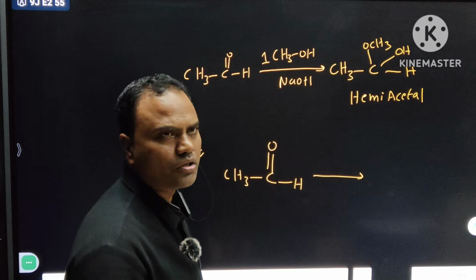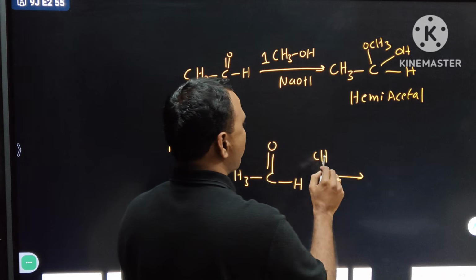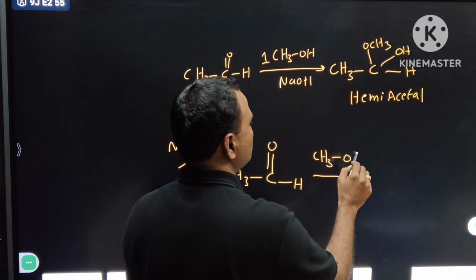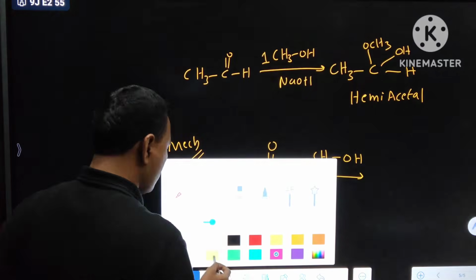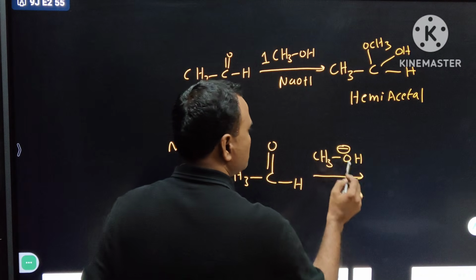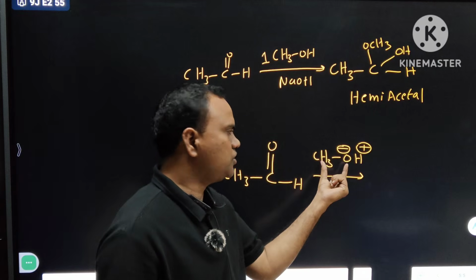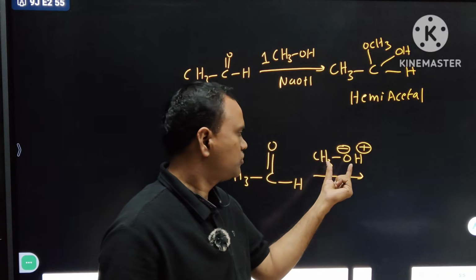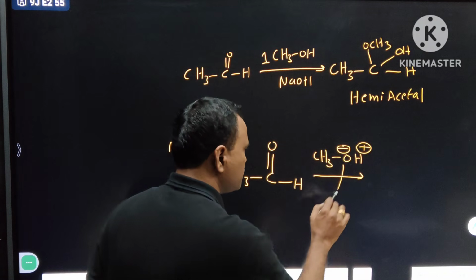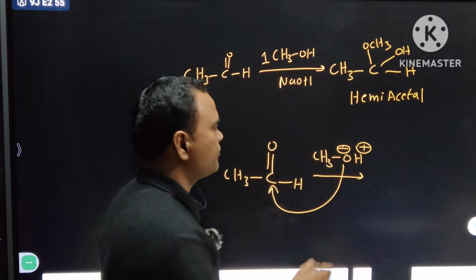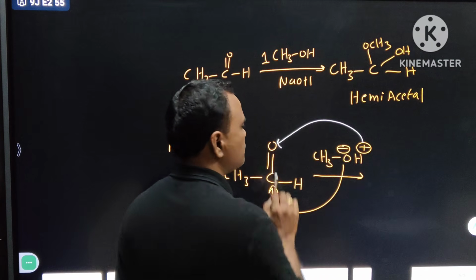Let us dissociate alcohol like this. CH3OH, right? Oxygen is having negative, hydrogen is having positive. The CH3O negative attaches to the carbon, and the H plus attaches to the oxygen.